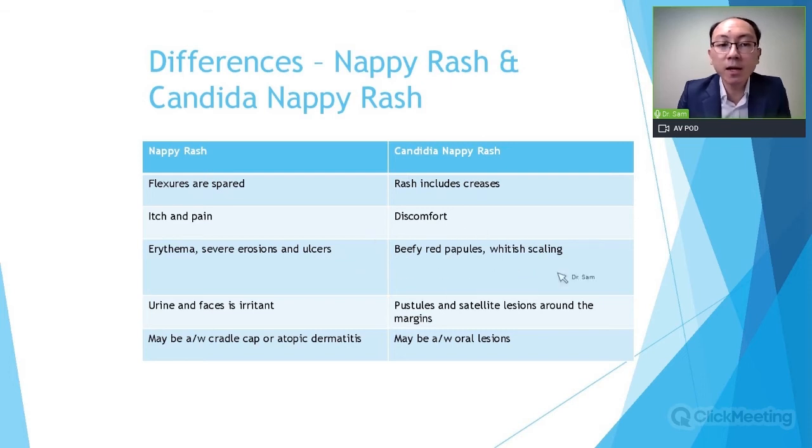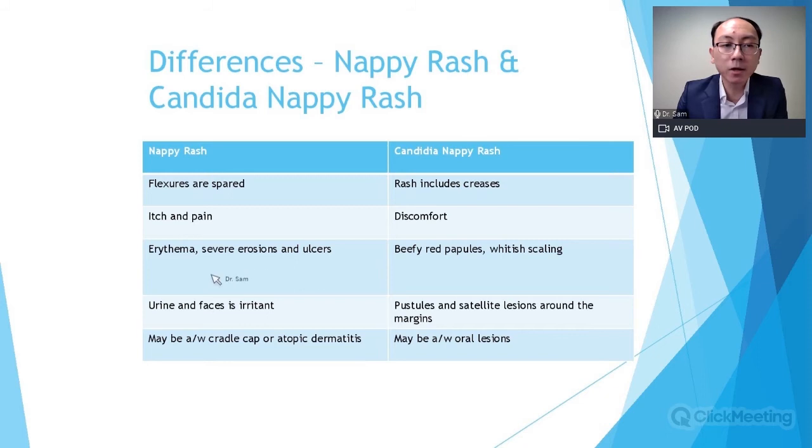For Candida nappy rash, it will be beefy red papules. Sometimes we will have whitish scales. The most prominent one, as I mentioned just now, for Candida nappy rash, you will find satellite lesions at the periphery or margin of the skin. So you have to look for the satellite lesions.